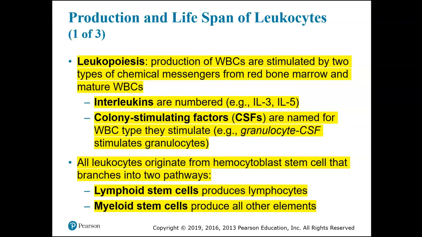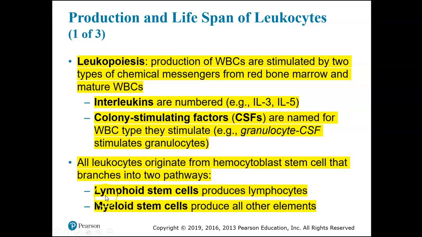Leukopoiesis, if you remember, erythropoiesis is the production of red blood cells. Leukopoiesis is the production of white blood cells. And leukopoiesis is stimulated by two chemical messengers, interleukins and colony-stimulating factors. All leukocytes originate from the stem cell called the hemocytoblast.